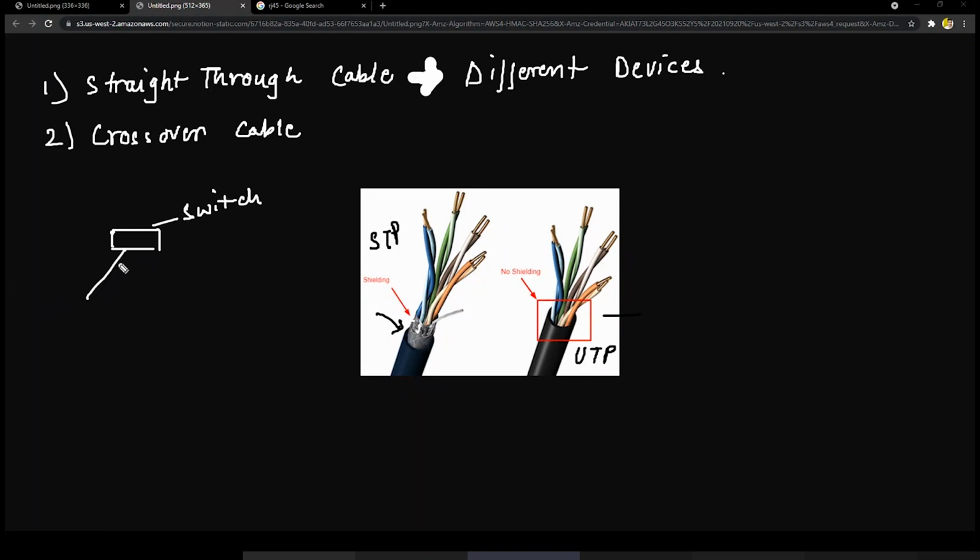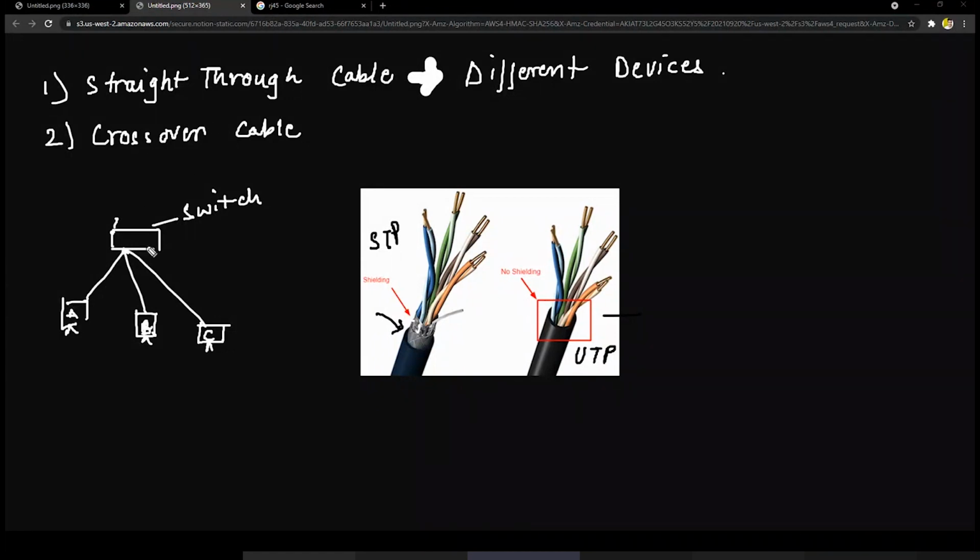I mean multiple PCs, which was connecting three PCs together, PC A and PC B, PC C. These were getting connected through a device called switch. So the cable which will be used between these two devices, which is device number one switch and device number two PC, will be straight through cable.